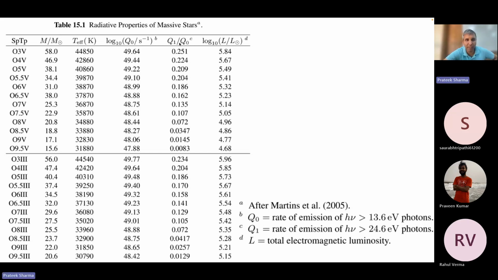You can see that as you go to O9.5, the Q1 by Q0 ratio becomes smaller, because these are cooler stars. If you go to cooler temperatures, the black body will have less and less very high energy photons.